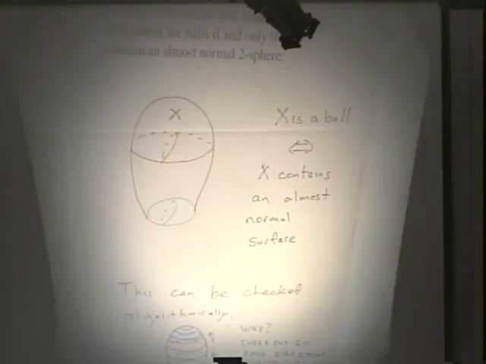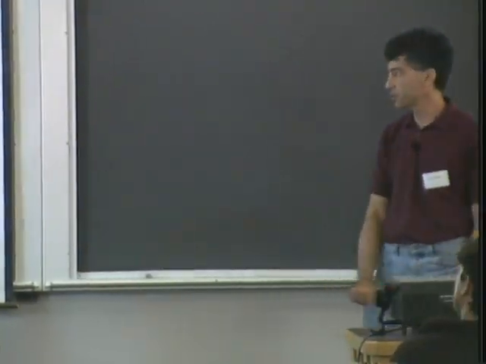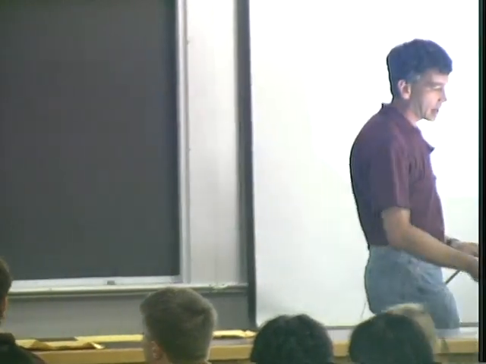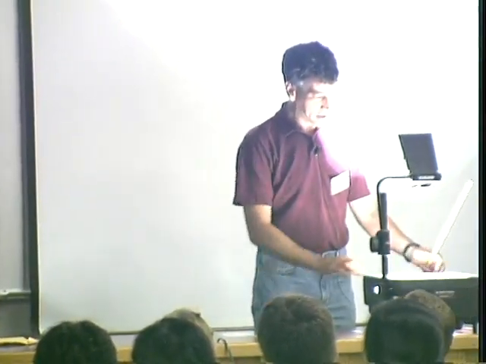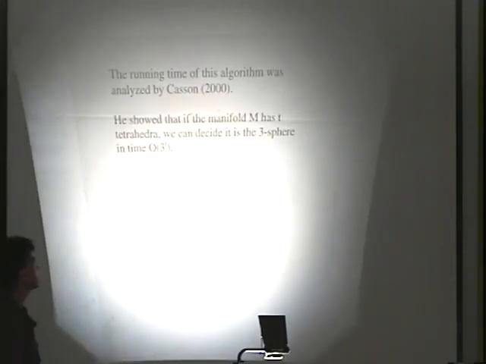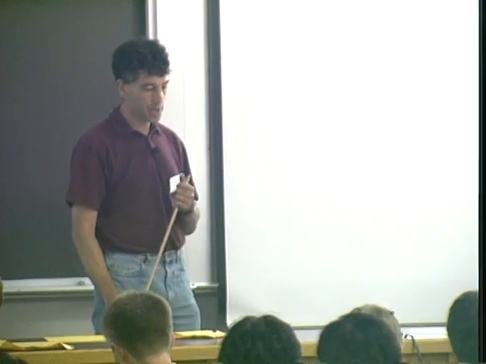Now those octagon piece surfaces can be checked algorithmically by reducing it to a certain class of fundamental surfaces, just as in the unknotting problem. And I should say finally that the running time of this algorithm was analyzed by Casson, who showed essentially that it runs in time order of 3 to the t, where t is the number of tetrahedra.